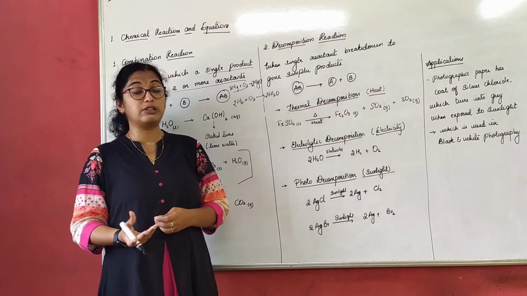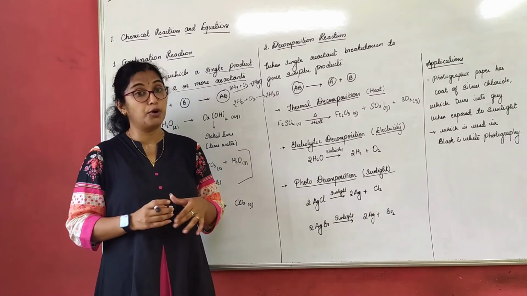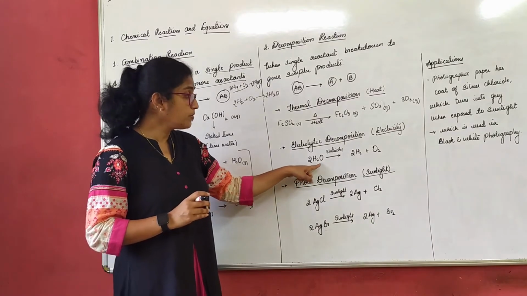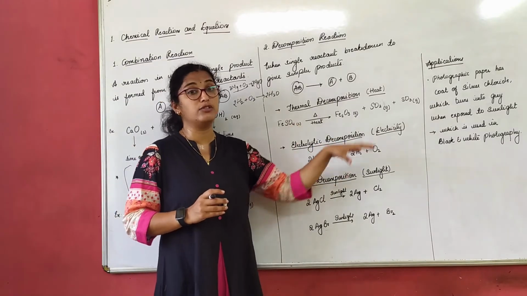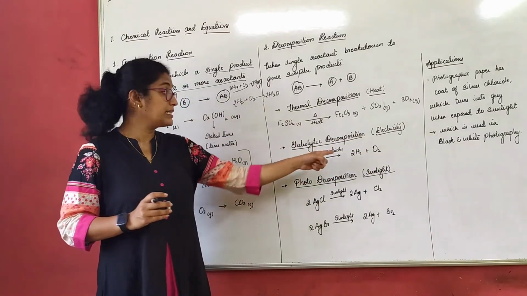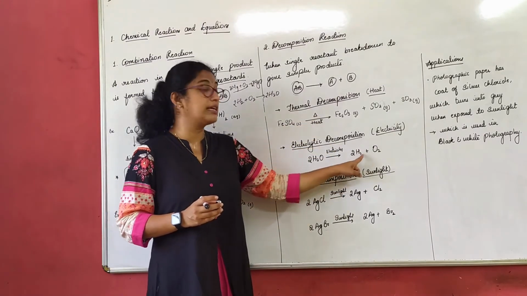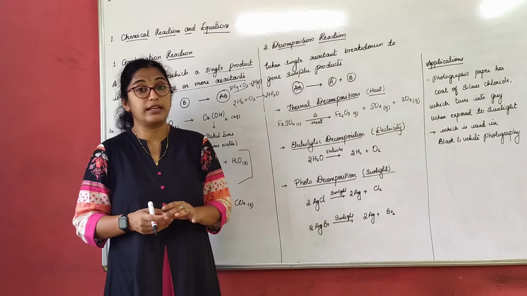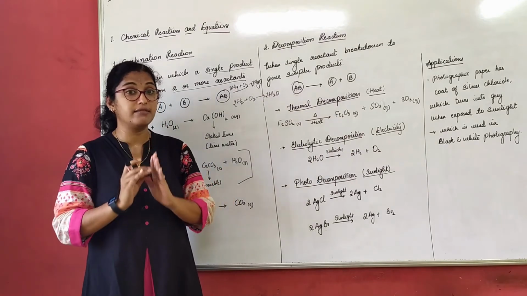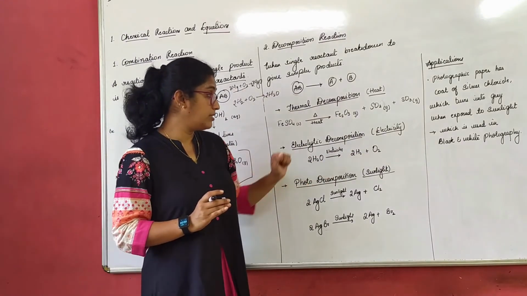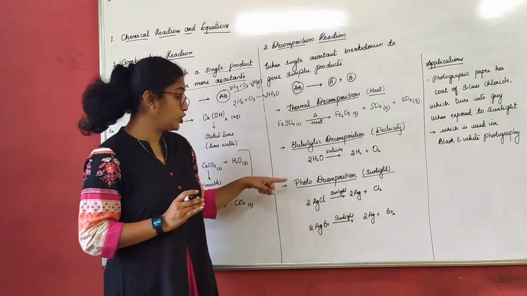It is a very important question. Water is broken down to hydrogen and oxygen only by passing electricity. I can't pass heat or expose it to sunlight to get hydrogen and oxygen. I have to pass electricity only. So this is electrolytic decomposition.